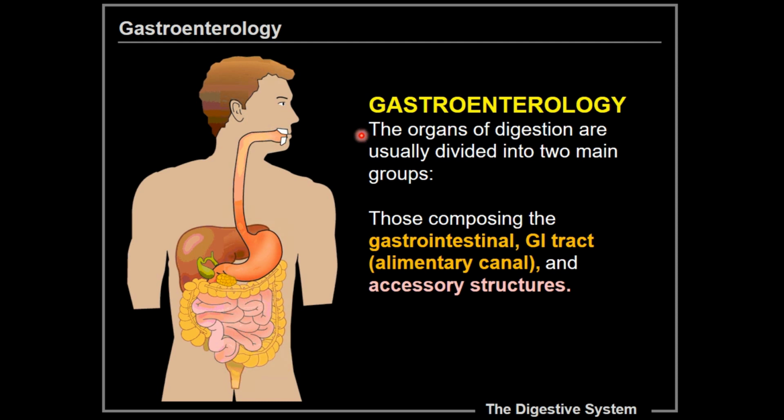All right, that is the GI tract. That is going to be your alimentary canal. The organs that aid in digestion, such as the liver, the gallbladder, the pancreas, your teeth, your tongue, those are all going to be accessory structures. Okay, so let's talk a little bit more about them.